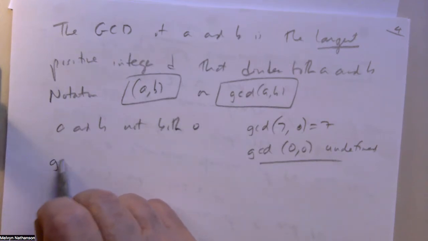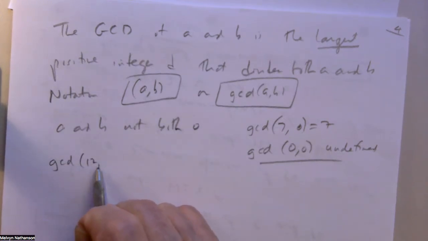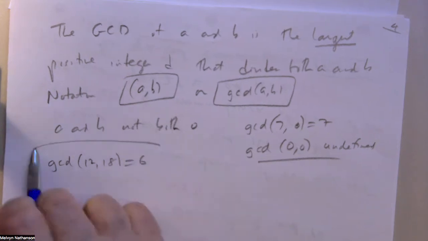So another example, the GCD of 12 and 18 is 6.